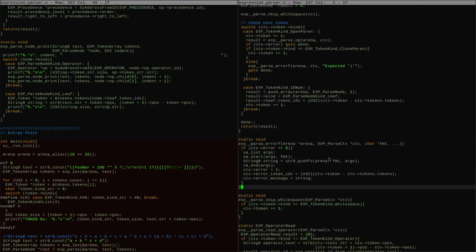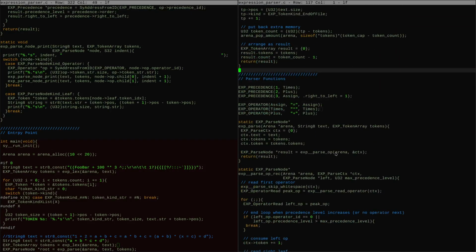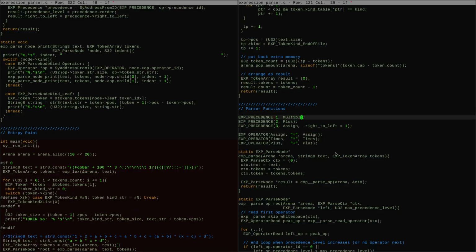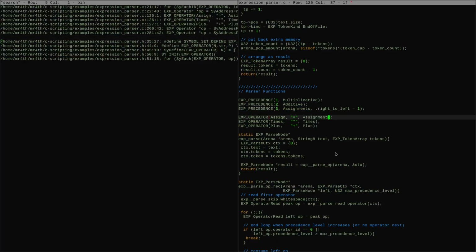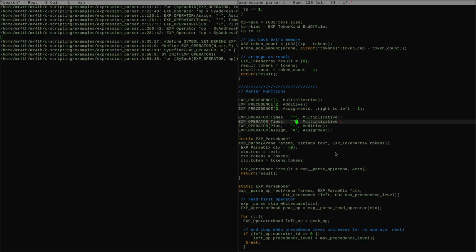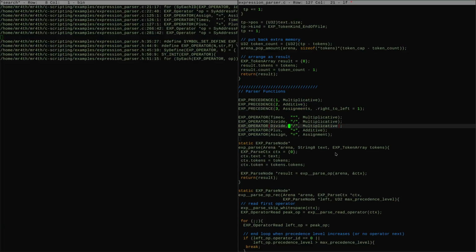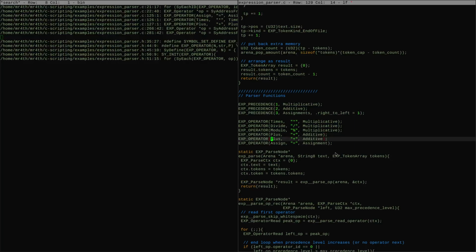So we could at least wrap up here by showing, so now that you've gone that far, you can go a little farther and say, okay, at multiplicative level, additive level, right, and then you go times, divide, modulo, plus, minus. Right, you can do something like that, for instance.